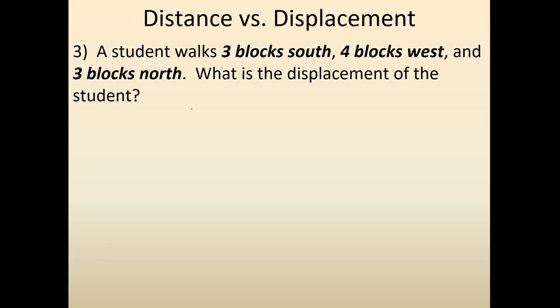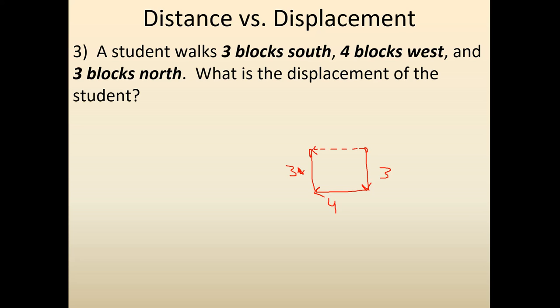All right. So the best way is to basically just draw it out. So I go 3 south, 4 west, and then 3 north. So my displacement is going to start here and it's going to go this way.